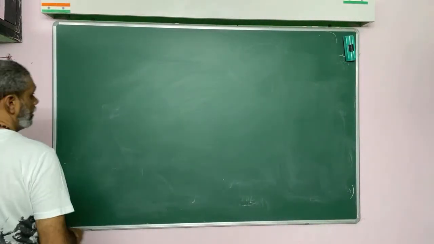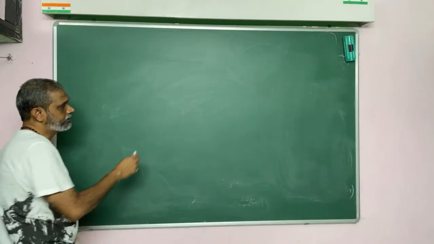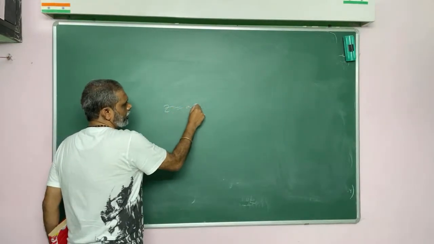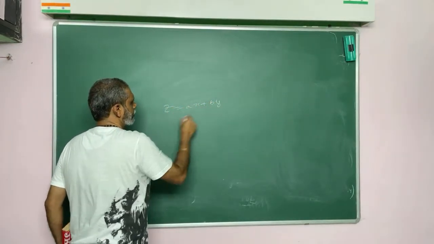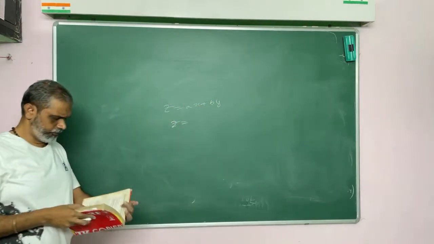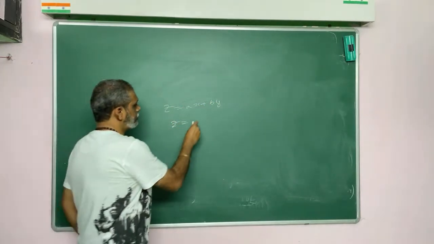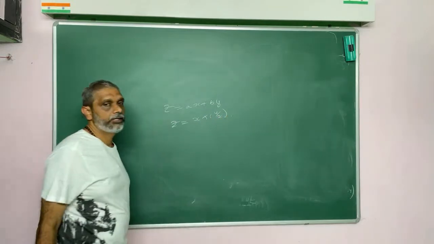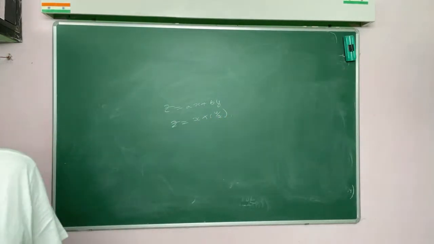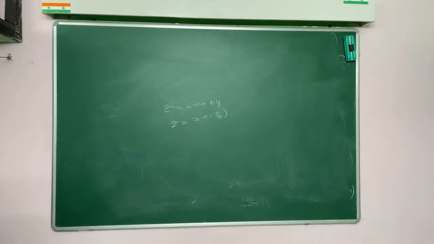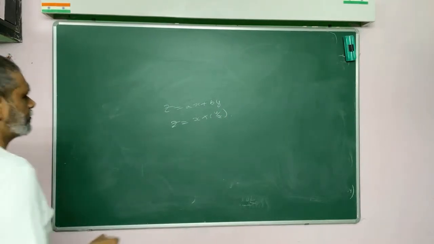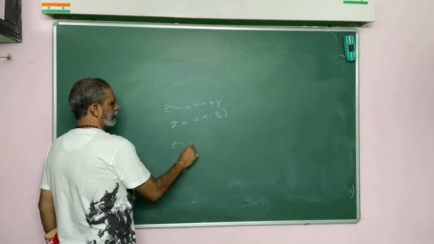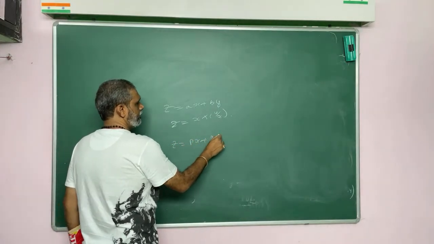Now we can see. Suppose you see z is equal to ax plus by, or z is equal to x into y by x. Suppose you solve by the first type, removing the constants, what is the solution? You will get z is equal to px plus qy.